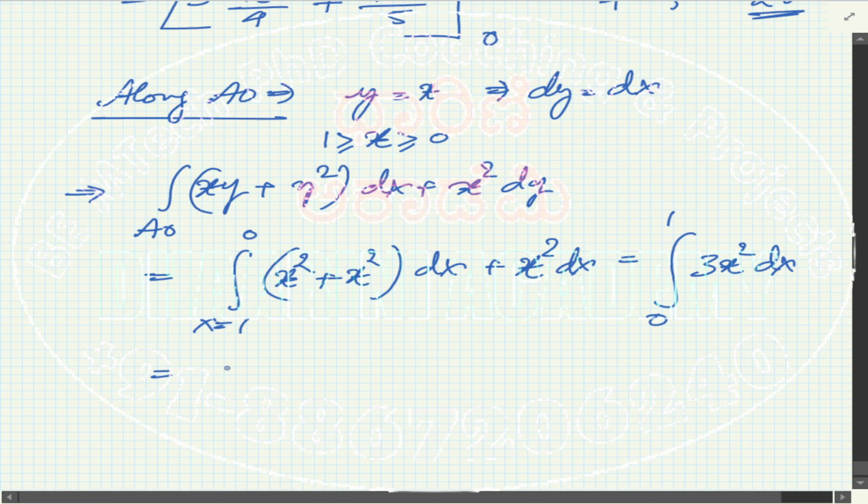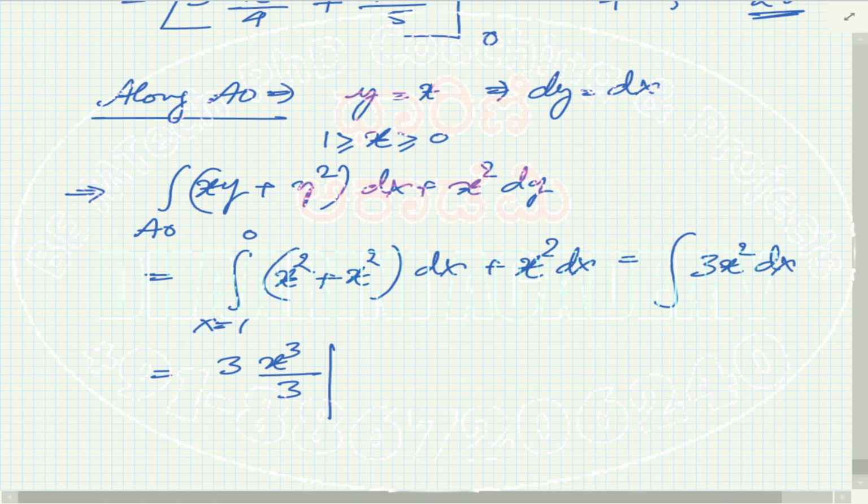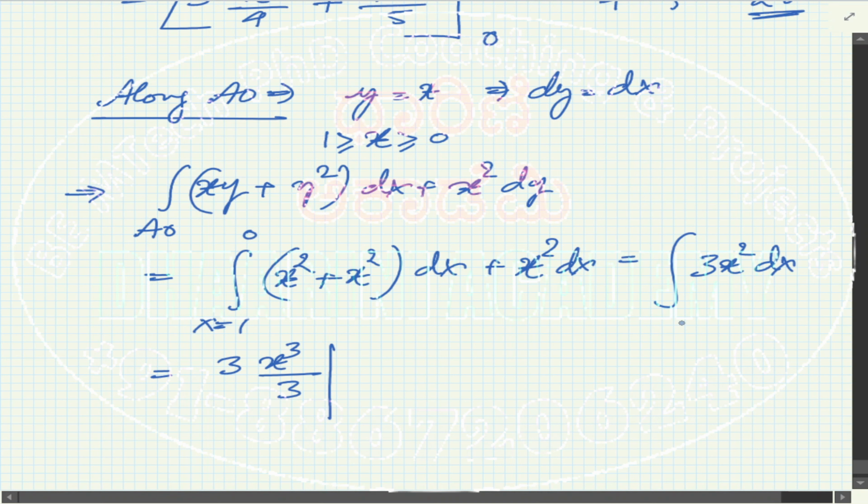To simplify this, this is 3 times x cube by 3 from, sorry, I put the limits wrong in the previous step, so please correct that. This should be 1 to 0. So this is starting from 1 to 0.